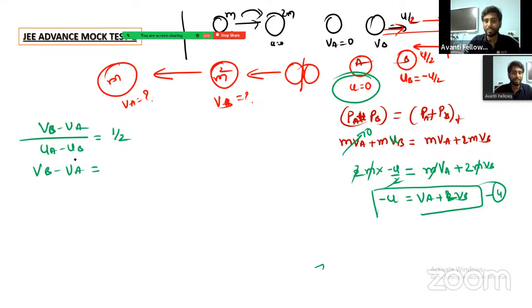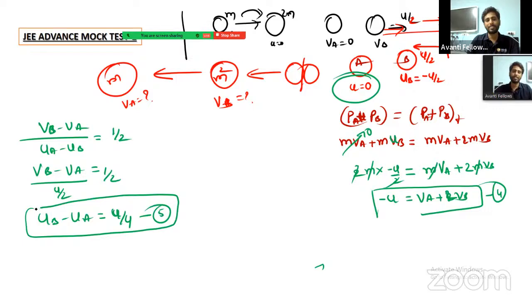And the value of ub is minus u by 2. Minus into minus becomes plus u by 2. Taking this to the right hand side, it will become vb minus va is equal to u by 4. I will call this equation number 5.